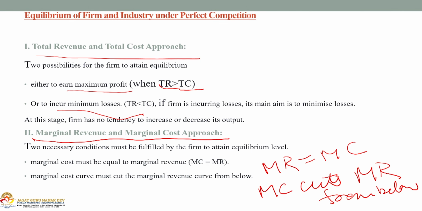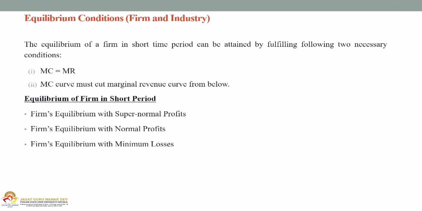Fine. So next is equilibrium conditions for firm and industry. First, we will discuss equilibrium of firm in short period. Then we will discuss equilibrium of firm in long period. Again, the two necessary conditions for short period to attain equilibrium is marginal cost is equal to marginal revenue and marginal cost curve cuts marginal revenue curve from below.